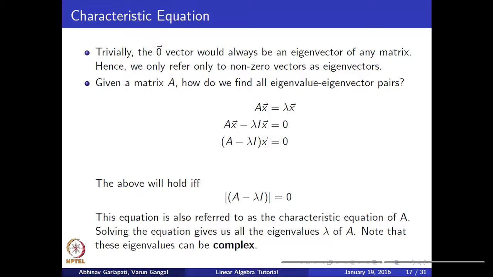So the equation det of (A minus lambda I) equals 0 is called the characteristic equation of A. Solving this equation gives us all the eigenvalues of A. One thing you must note is that even though all the values of A are real, that is, A is a real matrix, the eigenvalues can be complex.